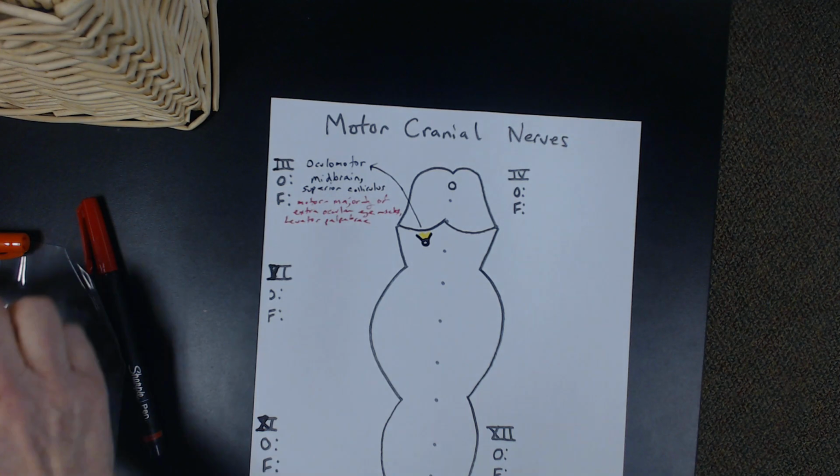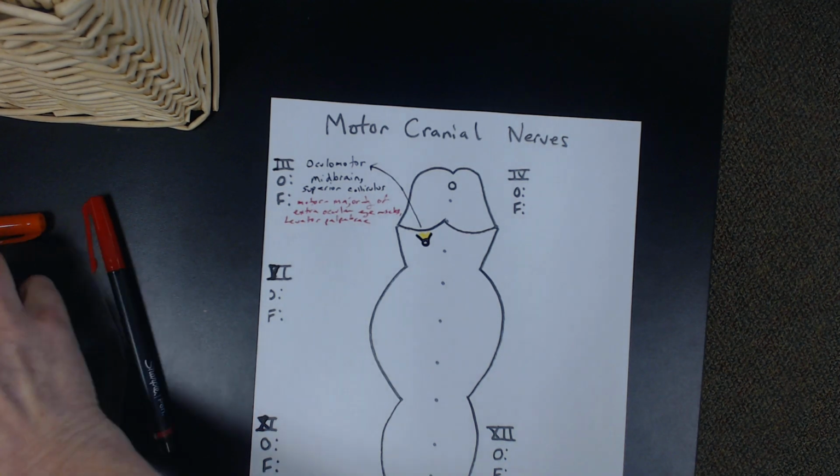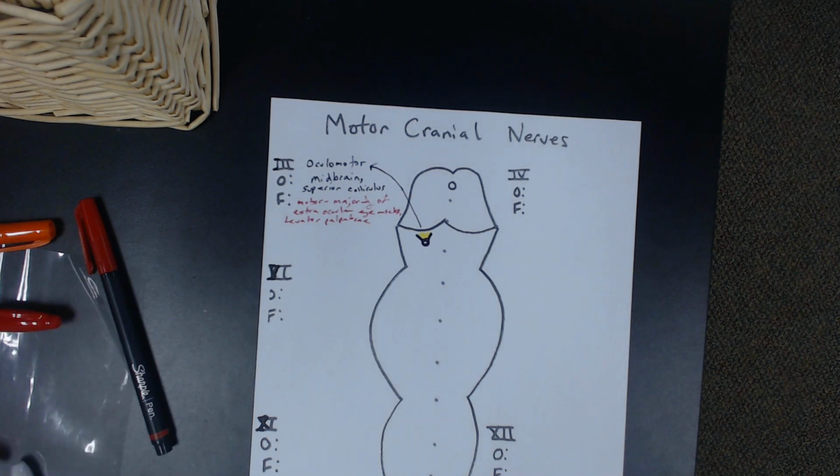The other, I'm going to indicate in a green color. Okay, the green is going to indicate autonomic function, and cranial nerve number 3 is involved in 2 different autonomic functions. It's going to be something known as lens accommodation.